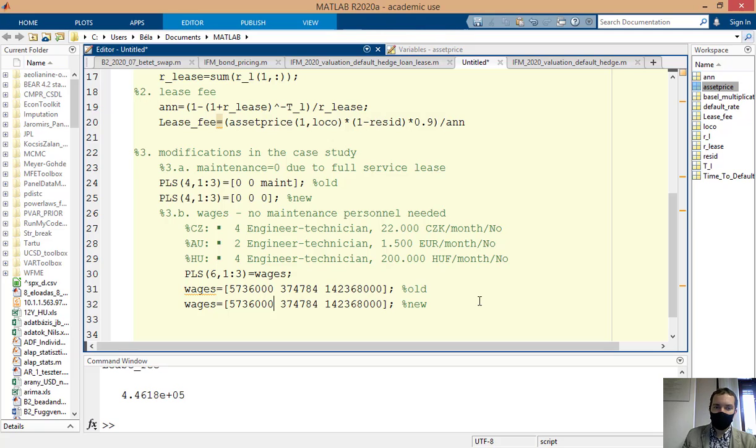So in Czechia, we are firing some people. Here we have 4 of them, and we are missing them for a year. In the case of Österreich, we have 2 of them, and we are missing them for a year as well.